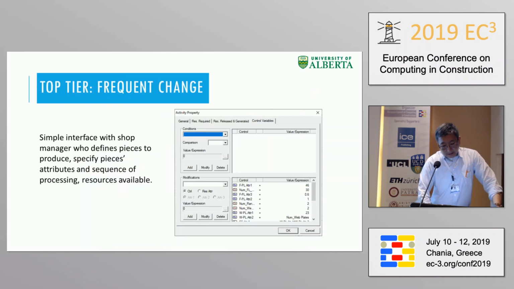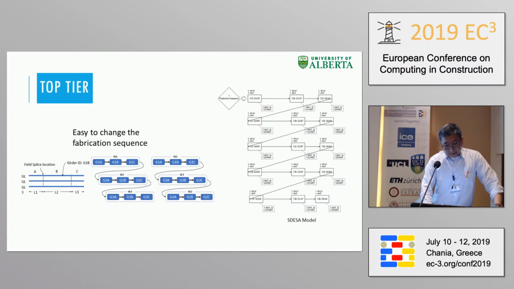Okay. The top tier is basically an interface for the shop manager to specify attributes of girders, to define the availability of resources, and more important, the sequence of processing all those girders, all those bridges. This gives you one quick glimpse.